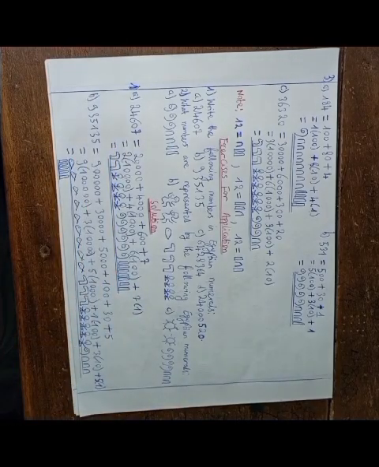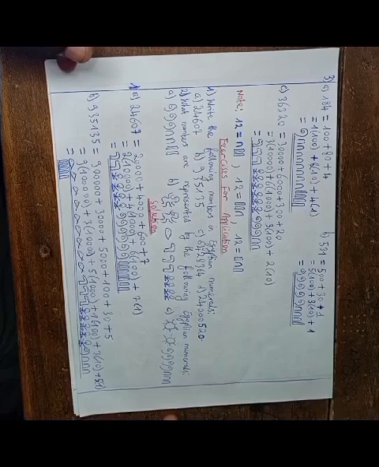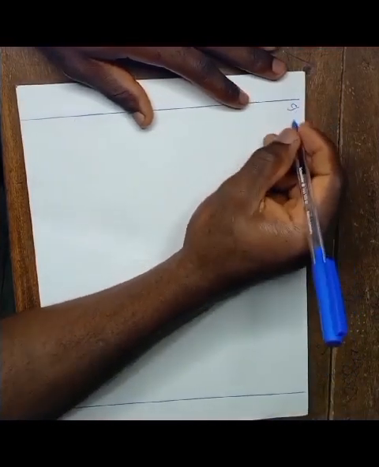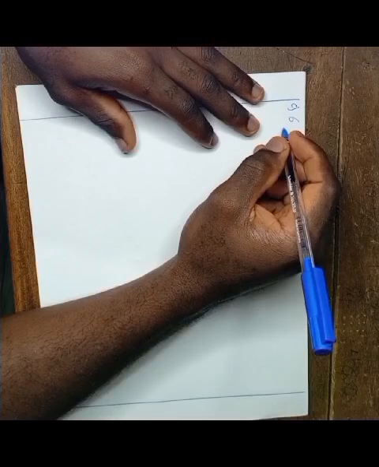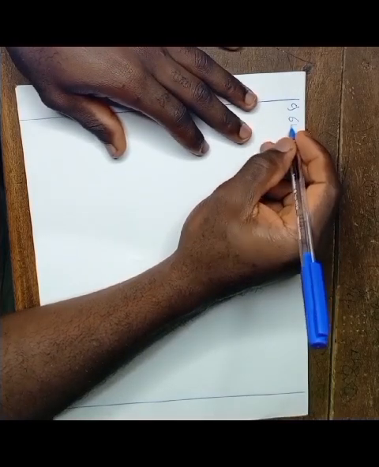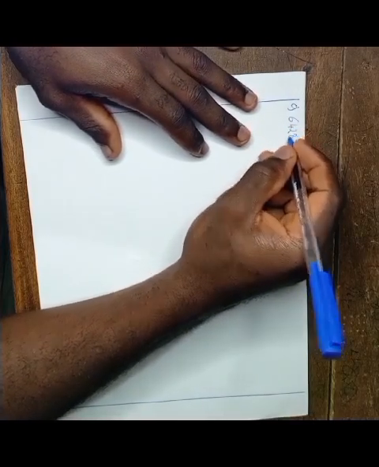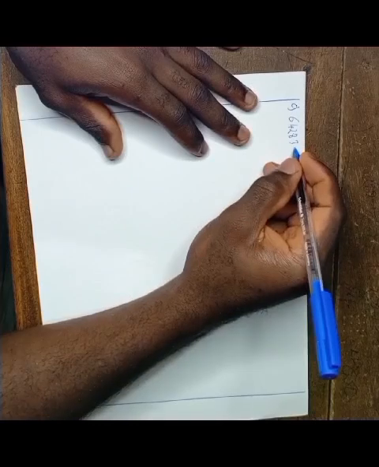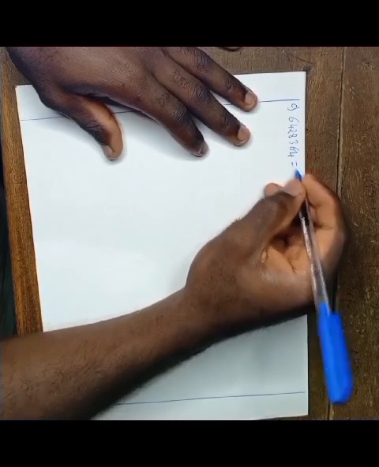You can see the solution. Next, we go to question C. We have the number 6,428,364.